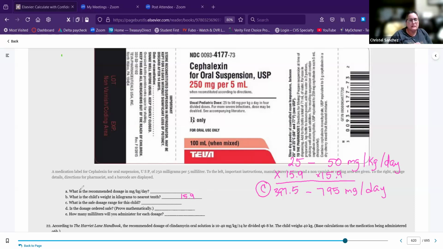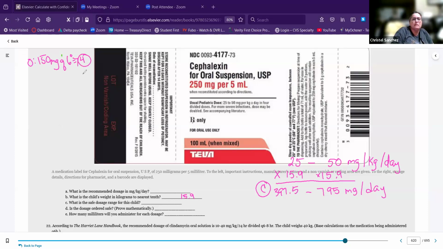Okay, then it says, is the dose ordered safe? Our order was 150 milligrams Q6 hours. How many doses does that equal?